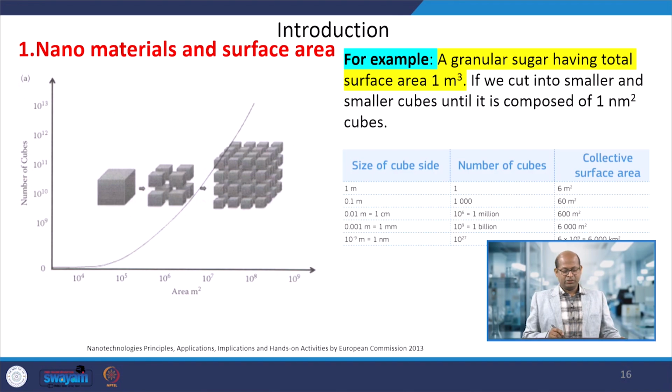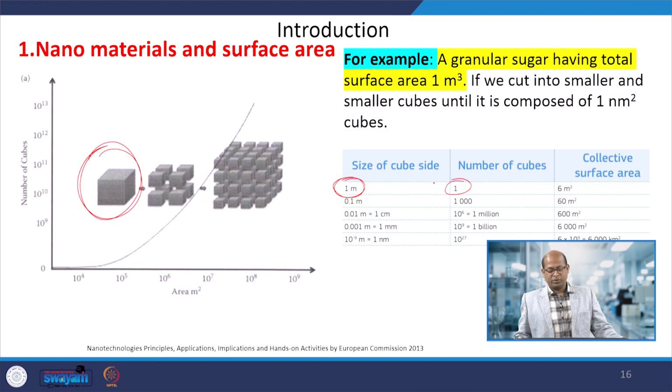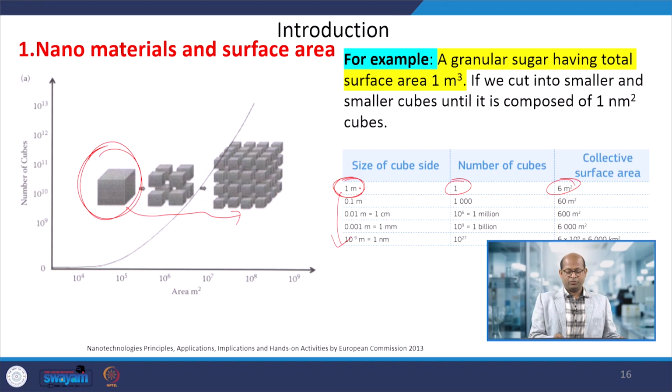So here we consider a number of cubes, each cube having a side dimension of 1 meter, and its collective surface area would be this. Then we convert them into gradually smaller sizes: 1 meter, then 0.1 meters, then 0.01 meters, then 0.001 meters, and then 1 nanometer.